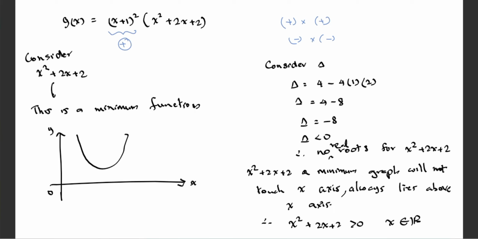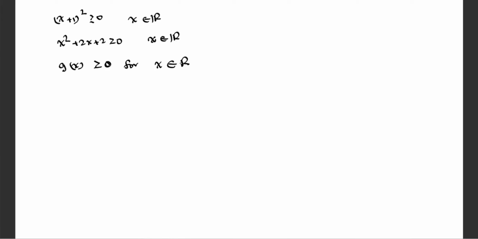Now that x plus 1 squared is always positive, and x squared plus 2x plus 2 is positive for any real number, you can say that gx is greater than or equal to 0, since you're multiplying these two, and the equal sign comes for x equals minus 1.